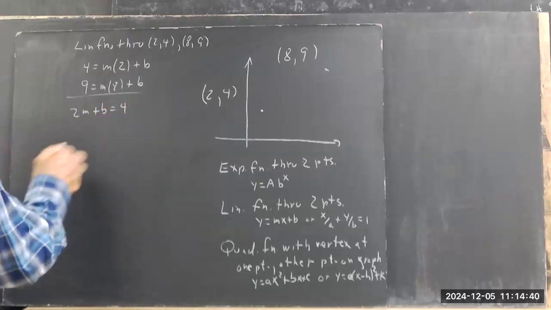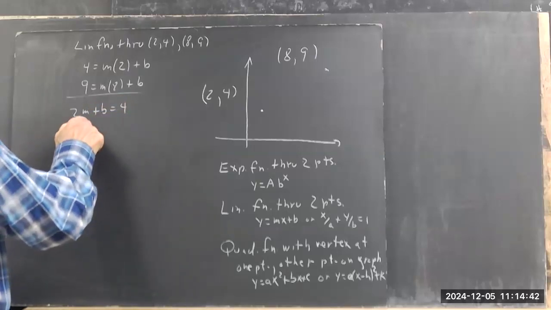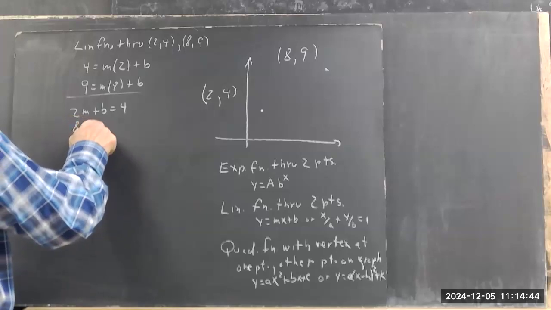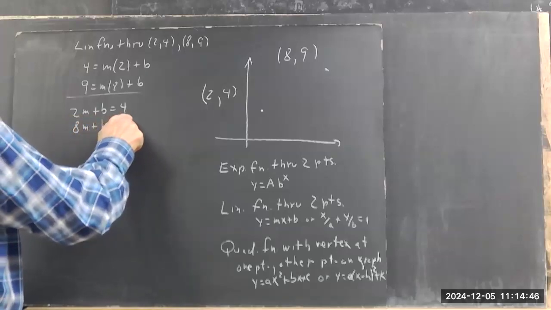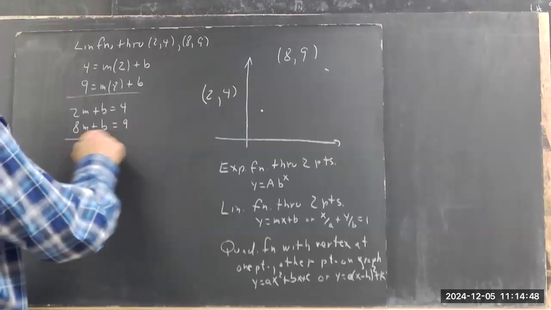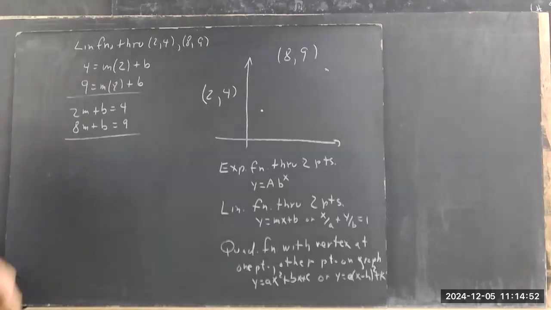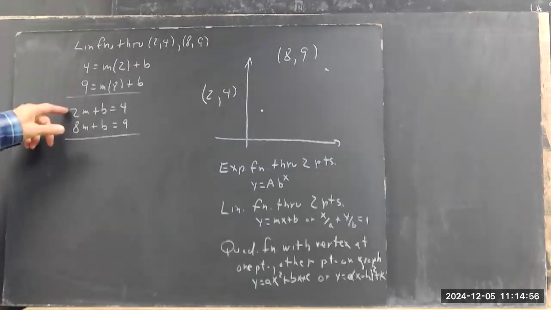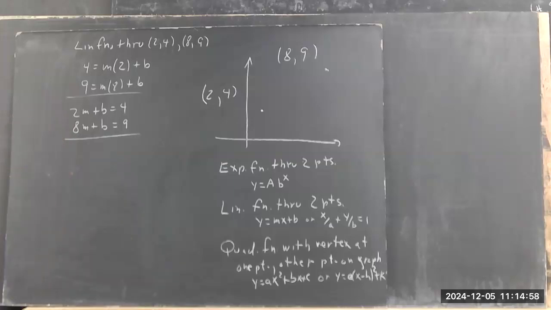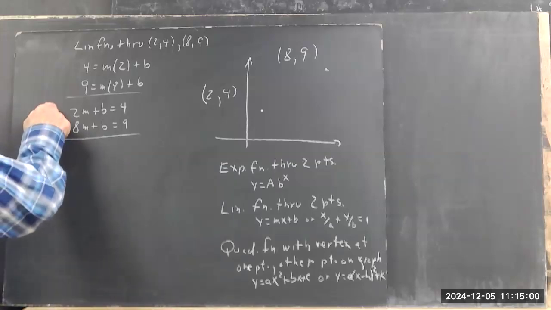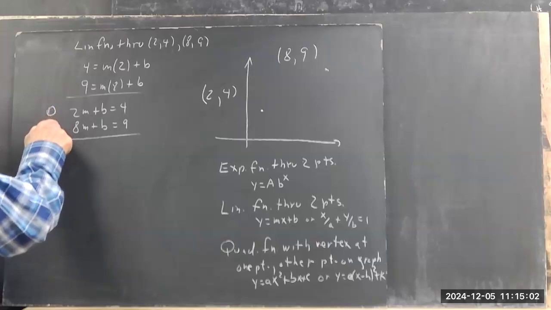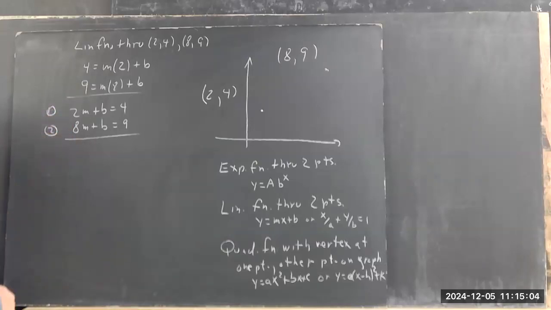Let's go ahead and write that as 2m plus b equals 4, and 8m plus b equals 9. We can treat this as a system of 2 simultaneous equations and solve by elimination. We could also solve by substitution, but I'm going to use elimination.